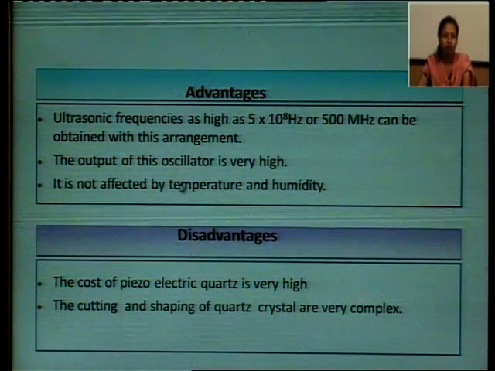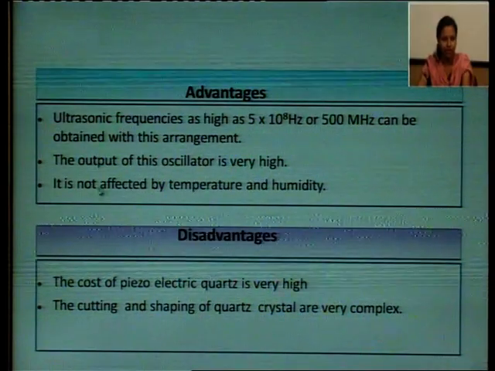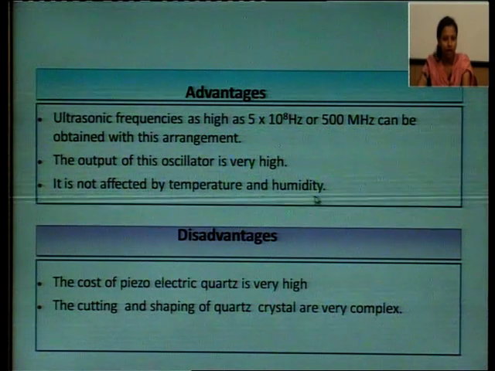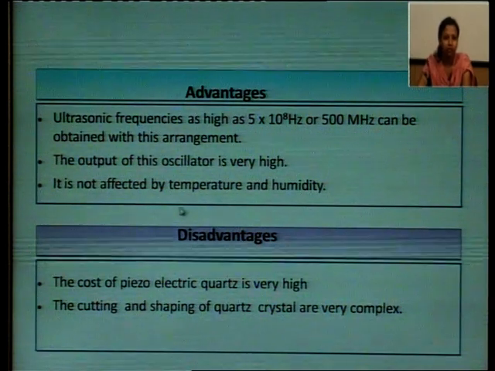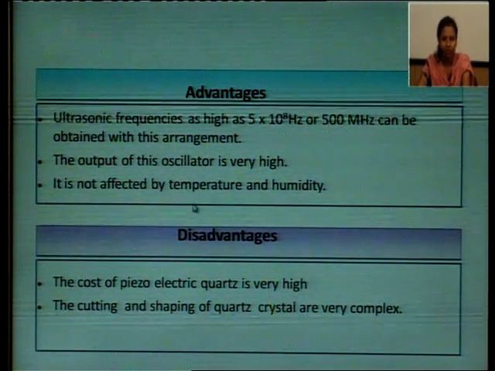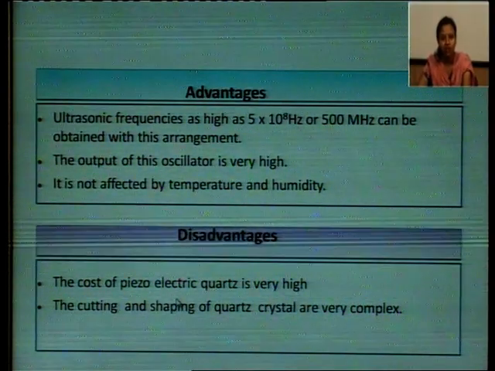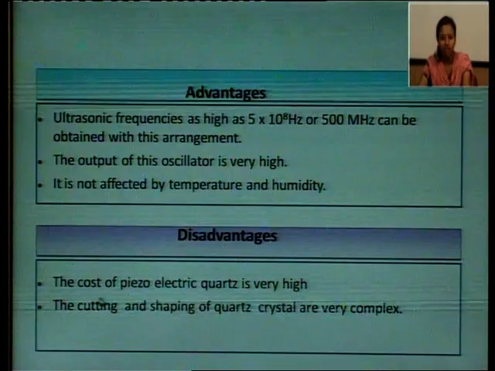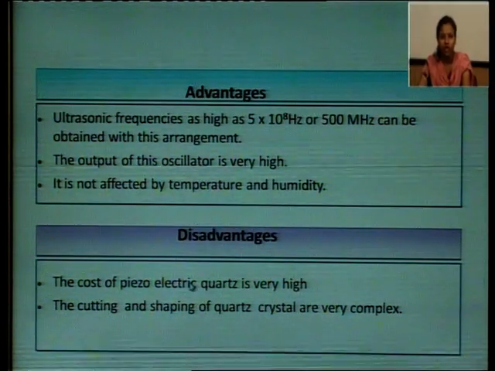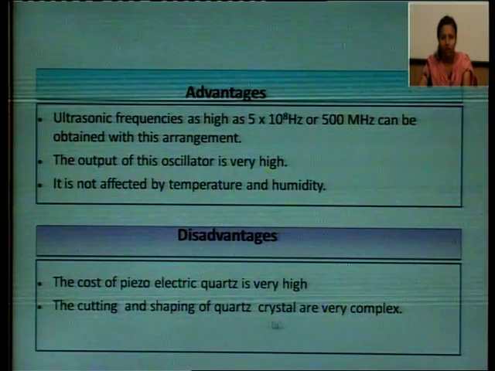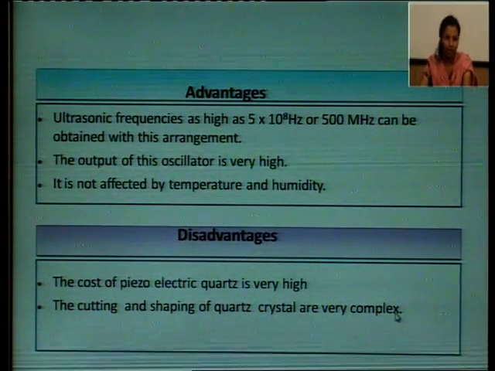The output of the oscillator is very high and it is not affected by temperature and humidity like the previous method. The disadvantage of this method is that the cost of piezoelectric quartz is very high, and the cutting and shaping of quartz crystal are very complex.